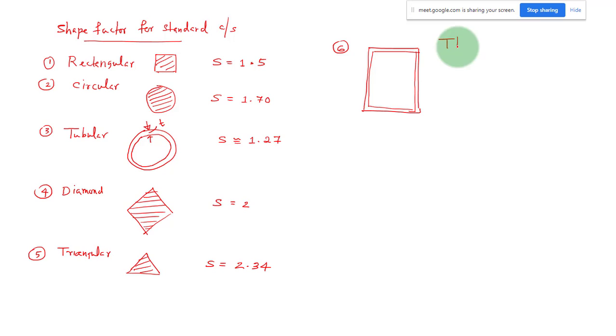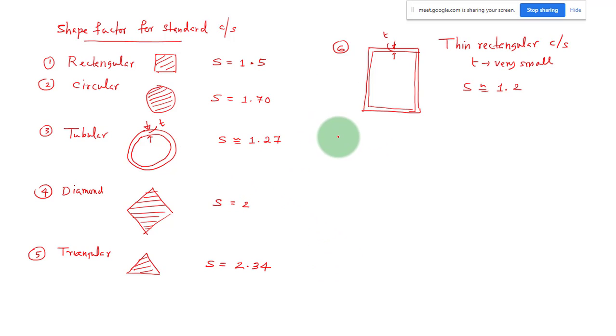The thin rectangular section means the thickness is very small. Okay, so the shape factor is again 1.2. So I think you can easily remember that all thin wall sections are in the range of 1.2. That is how we have to remember.